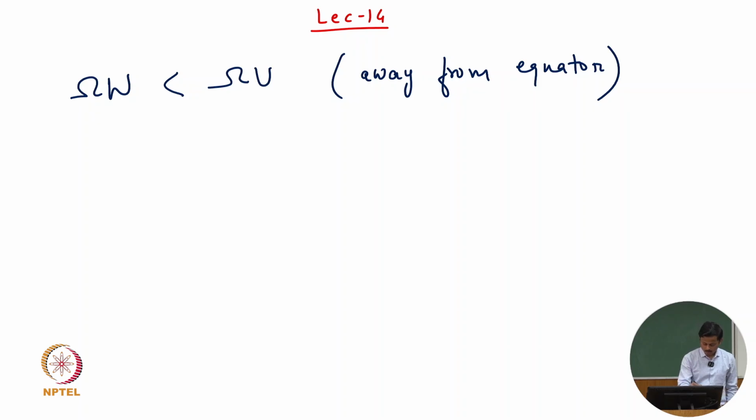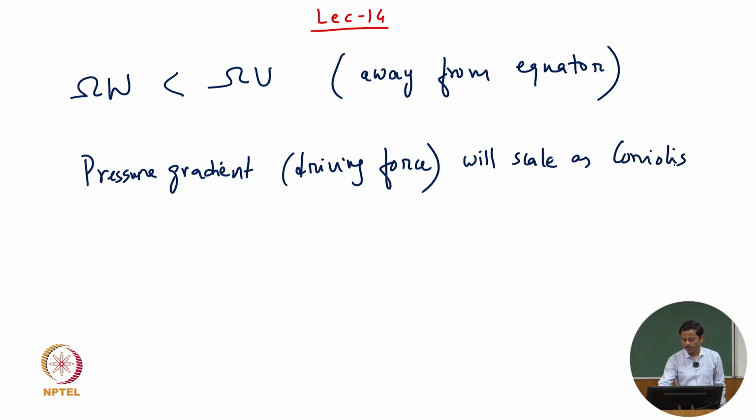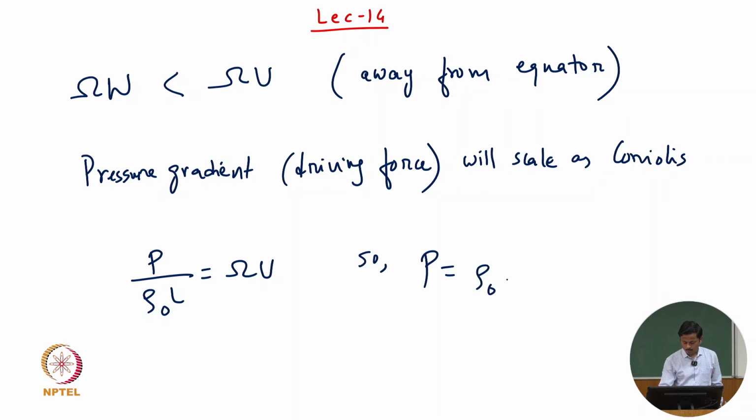So this means P by rho naught L will be of the same order of magnitude as omega u. So P equal to rho naught omega L u.